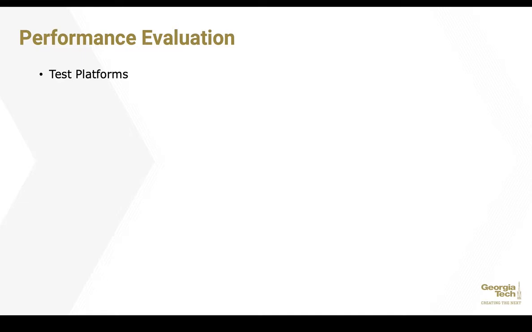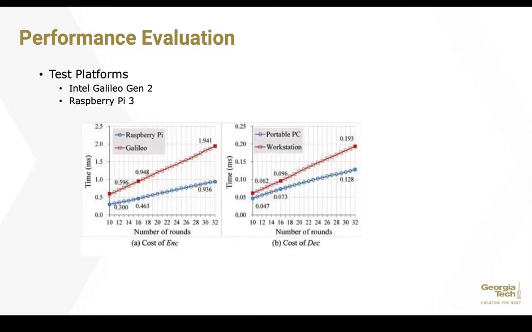For the performance evaluation, two development boards are used: Intel Galileo Gen 2 as well as Raspberry Pi, and the graphs show how the algorithm performs on both boards. The first one is on the encryption side. On the encryption side, again, the rounds are limited to 32, and it performs in around 1.9 milliseconds.